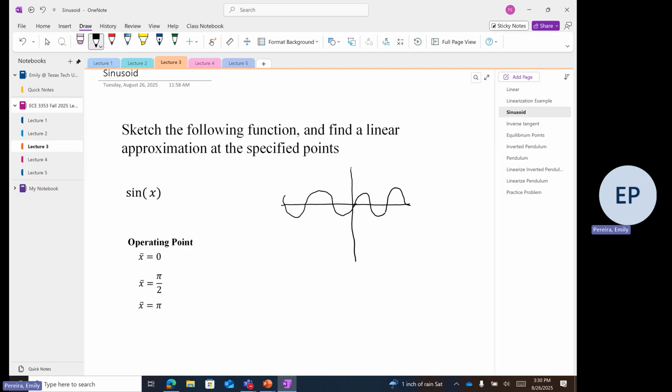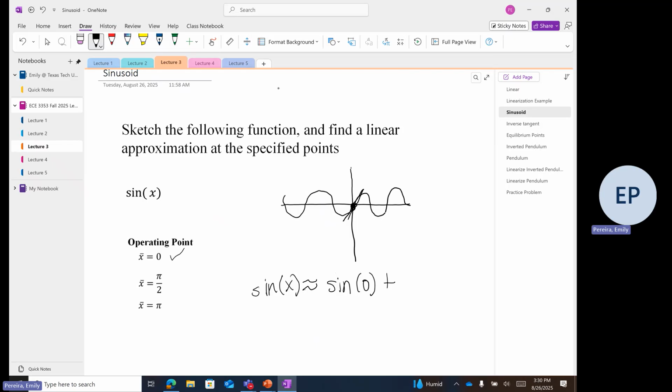So we're gonna pick a point. So we're starting with x bar equal to 0. We're gonna approximate a linear function, something like this, at this point 0. All right, so sine of x is approximately equal to sine at 0 plus the derivative of sine.